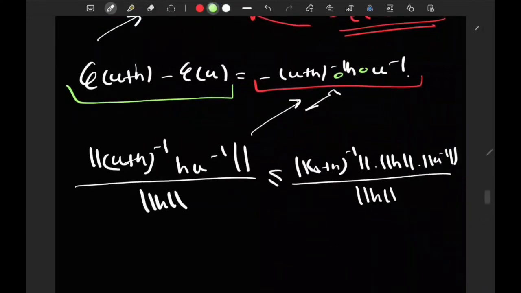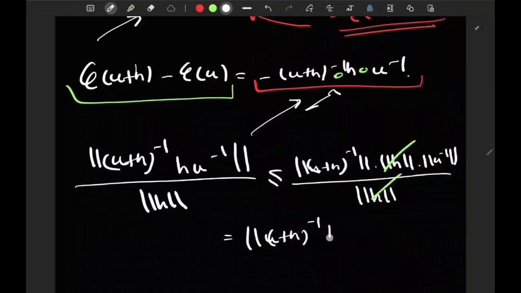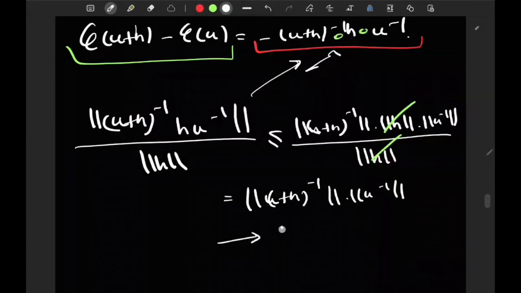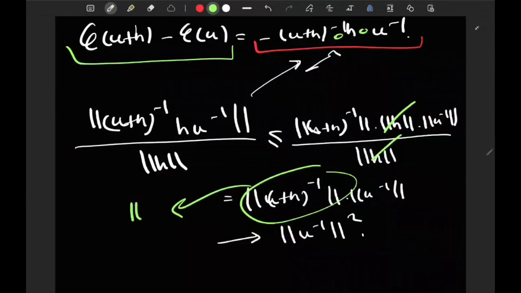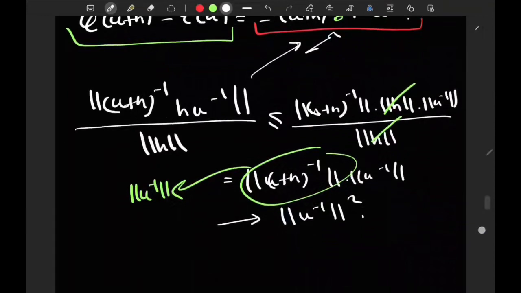Now, if we cancel out these terms, we are left with the norm of (u+h)⁻¹ times the norm of u⁻¹, and this simply goes to the norm of u⁻¹ squared, because (u+h)⁻¹ tends to u⁻¹, since inversion is continuous.